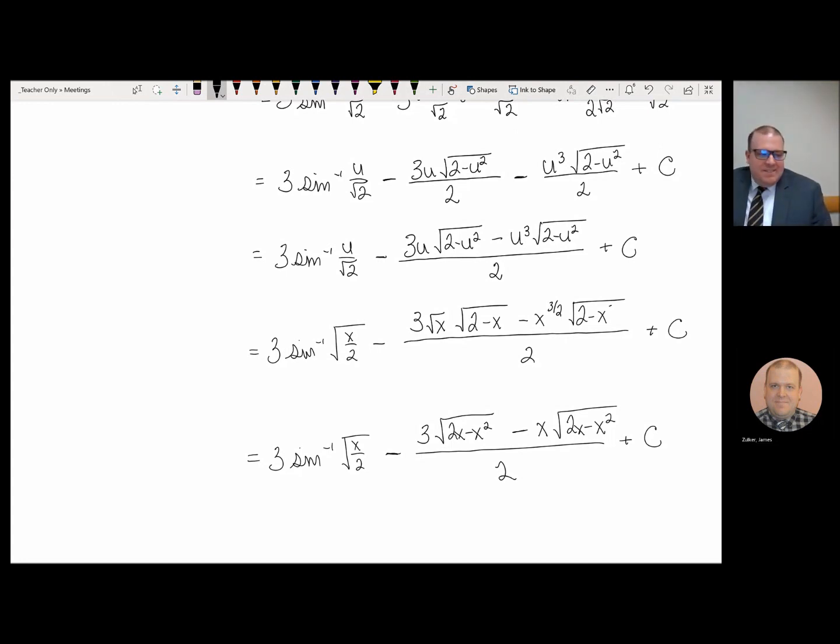Looking at the original function, our domain for x is 0 to 4. But in our antiderivative, we can't put in numbers near the top of that because of the inverse sine. If you put something really close to 4, you'll get inverse sine of root 2, which is out of range.